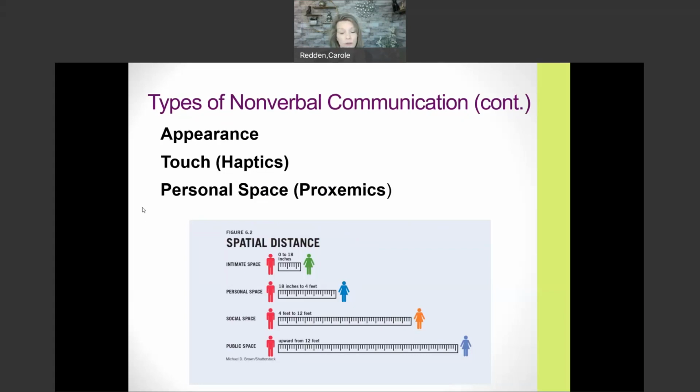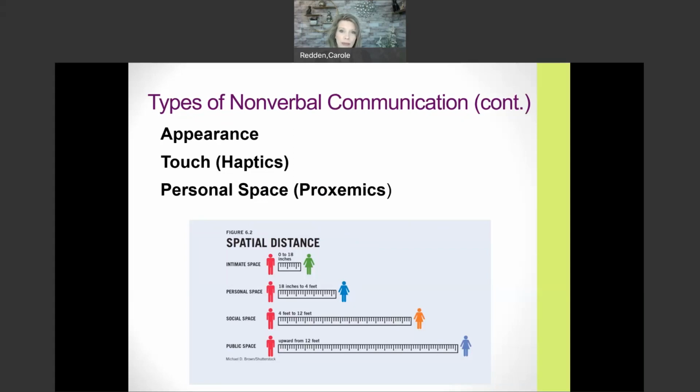Then we have personal space, or what we call proxemics. I always think of a memory cue for this as like approximately how far apart are we, right? So proxemics, personal space. And the visual that you see here comes from our textbook. This has become a universally popular topic now because you see here there's a social space, which is 4 to 12 feet, which is what we're asked to do when we are socially distancing ourselves from each other.